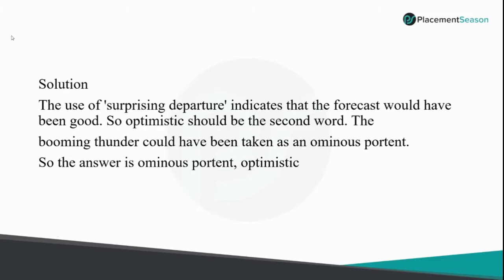What could be the explanation? The use of surprising departure indicates that the forecast would have been good. So, it should be the second word. The booming thunder could have been taken as an omen. So, the answer is omen and optimistic. So, let's come back to the question.